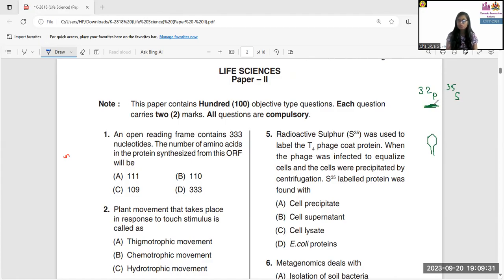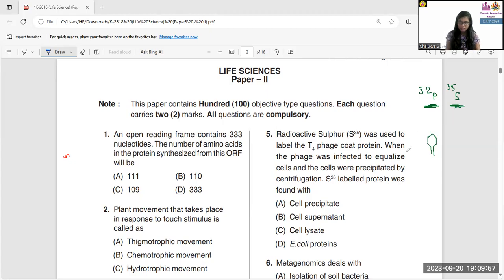For the detection of DNA, they used the phosphorus 32 radioactive labeled molecule. Sulfur is present in amino acids, and proteins are chains of amino acids. Cysteine and methionine have sulfur in their structure, so the sulfur 35 radioactive labeled molecule helps to indicate proteins.